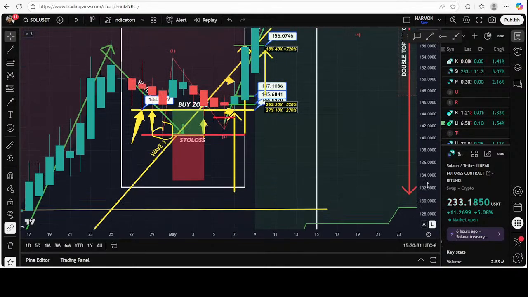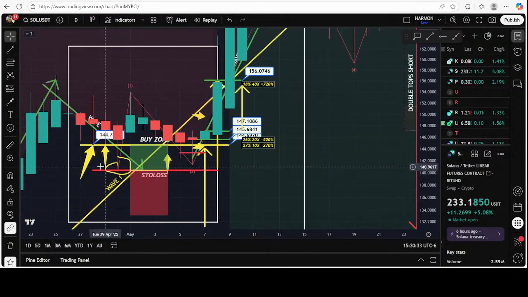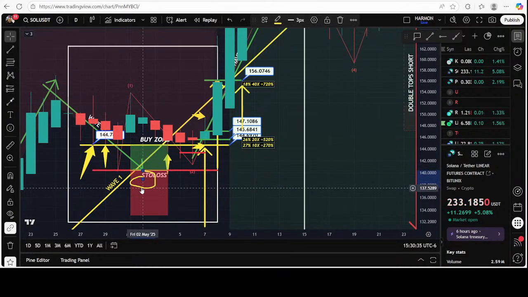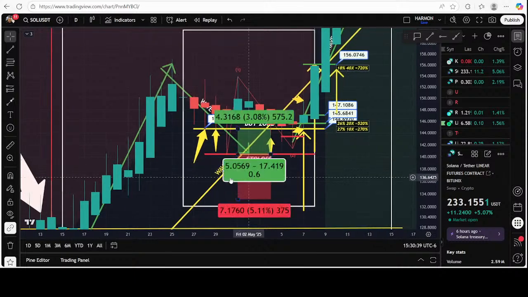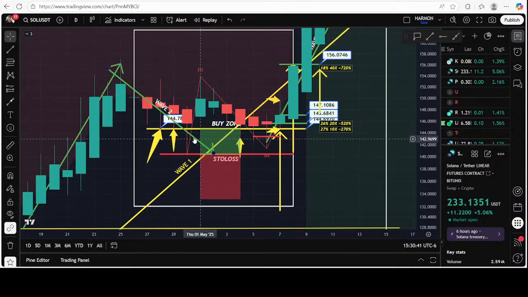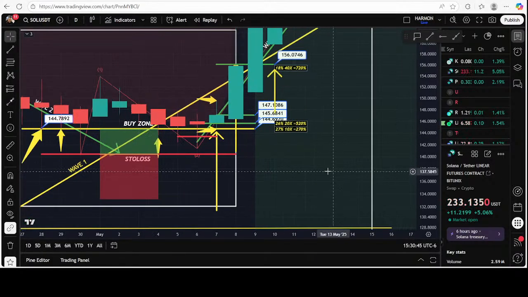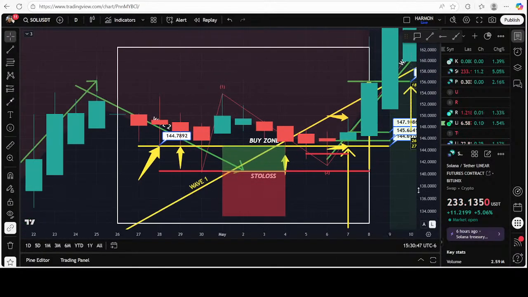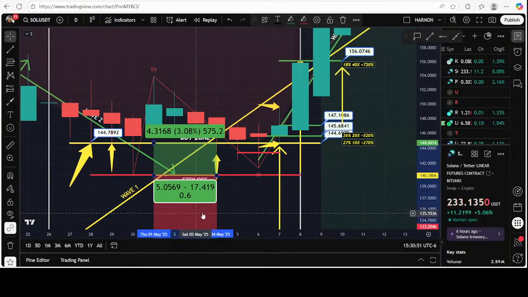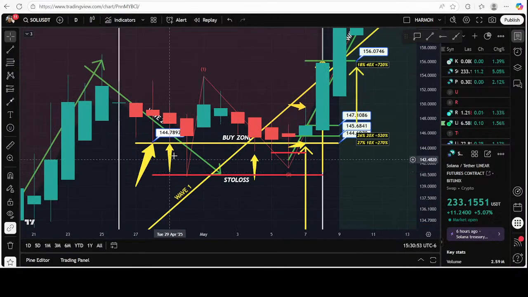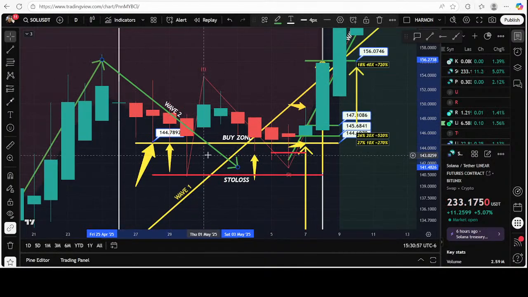Now on this pullback, there are different areas that you can take into account for the next entry zone, right? See how there's an area here we have marked off, and this will be part of the strategy talk that we go back to. But this just breaks down when you see a pullback, right? Wave 2 right here is a pullback. It's going to pull back.